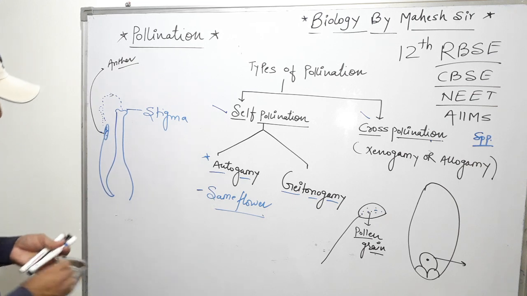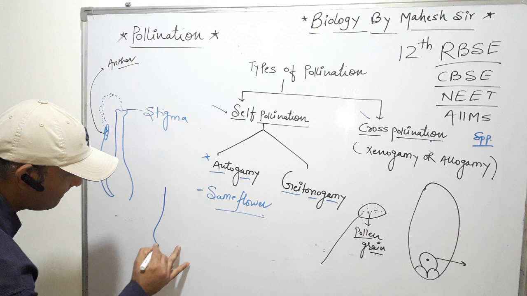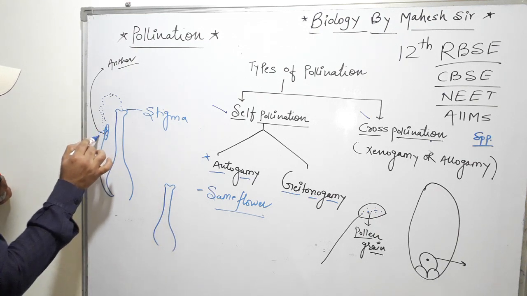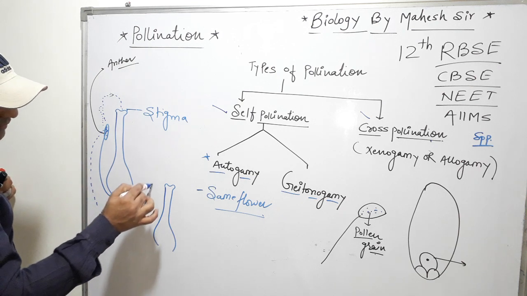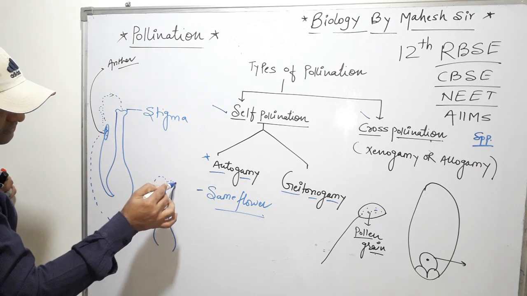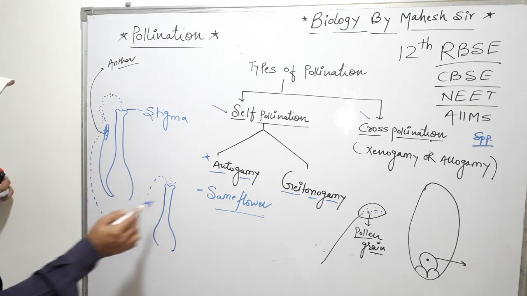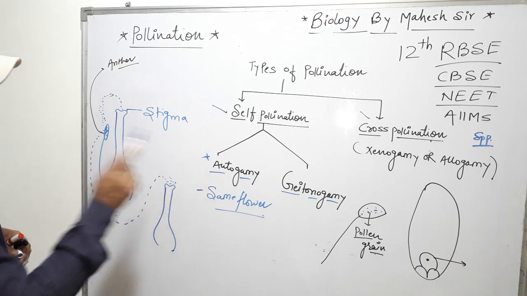The transfer of pollen grain from first flower to another flower of the same plant. Clear? So it is the same plant but the flower is different, that time it is called geitonogamy. If the flower is the same, that time it is called autogamy.